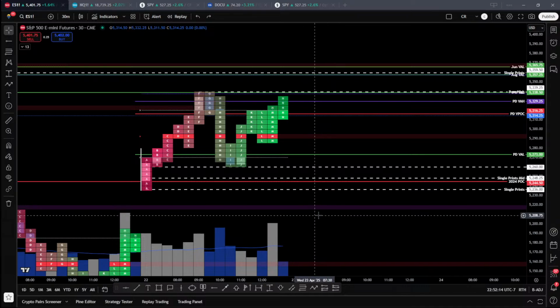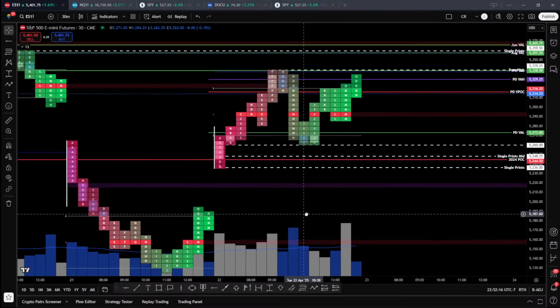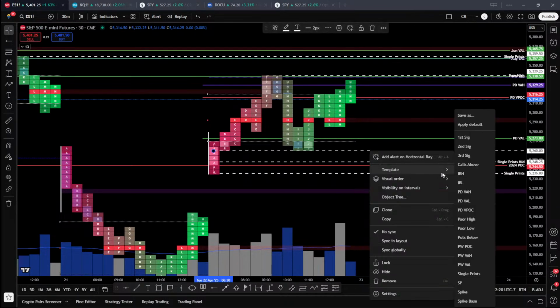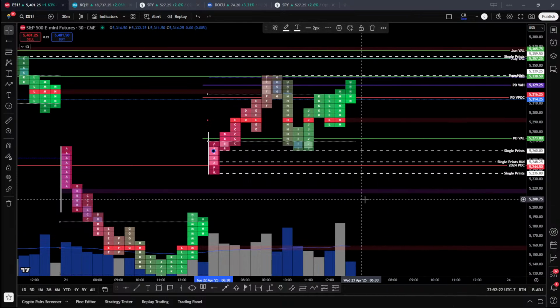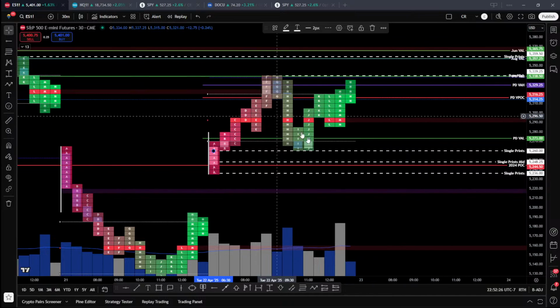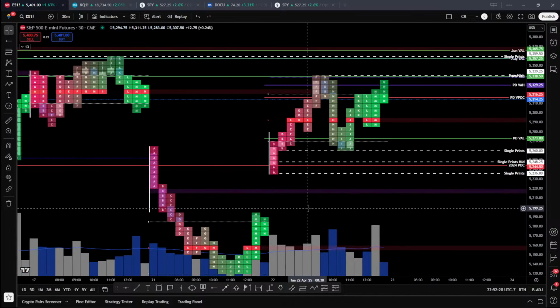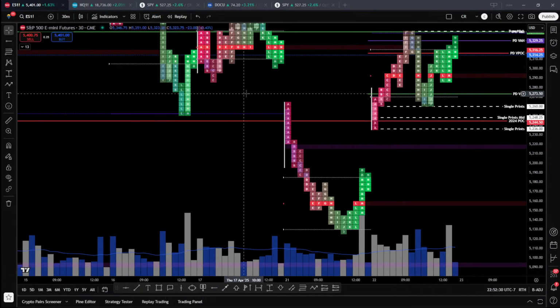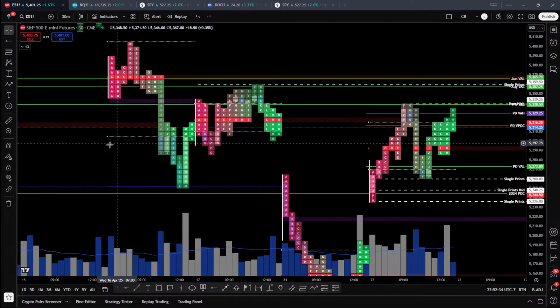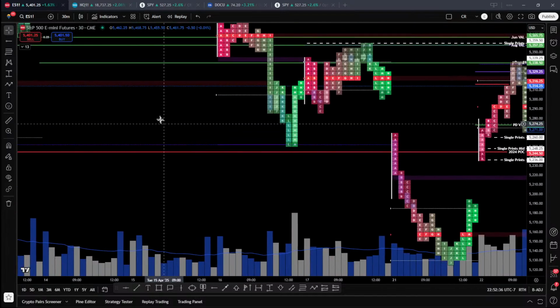The only other thing that we look for on TPO. So single prints. Oh, I got to mark this one as well. Either at the top or the bottom. Poor highs, poor lows. And then if we're... sorry, I got to find one that did it.